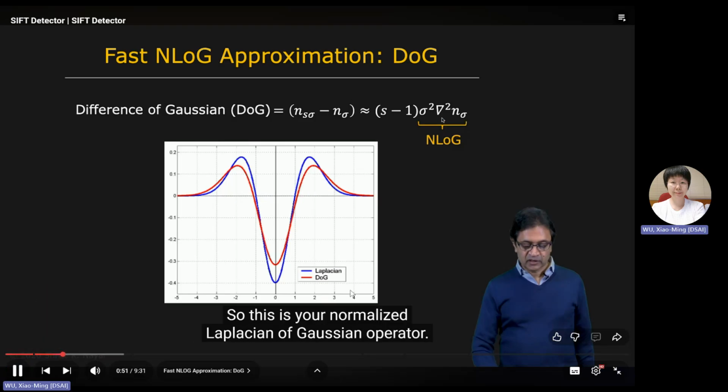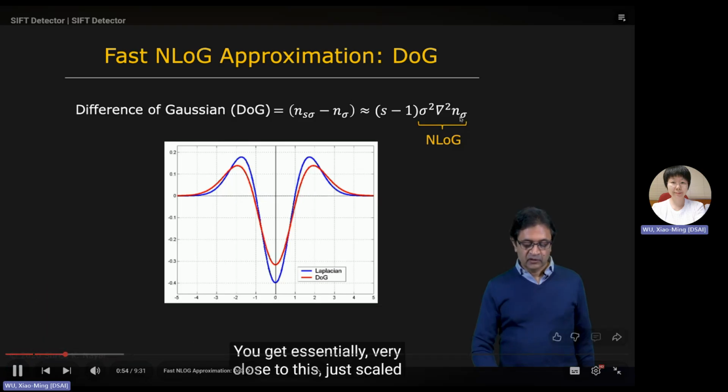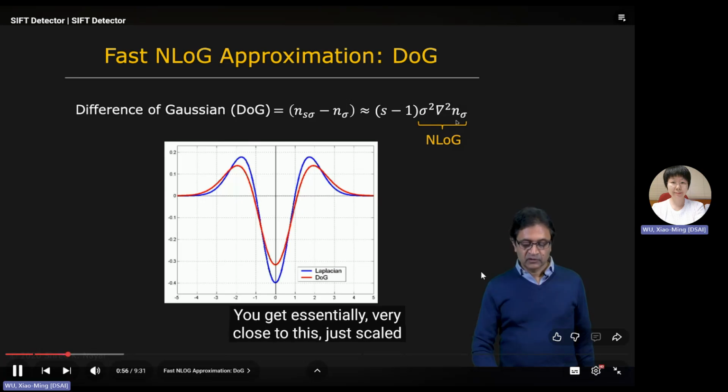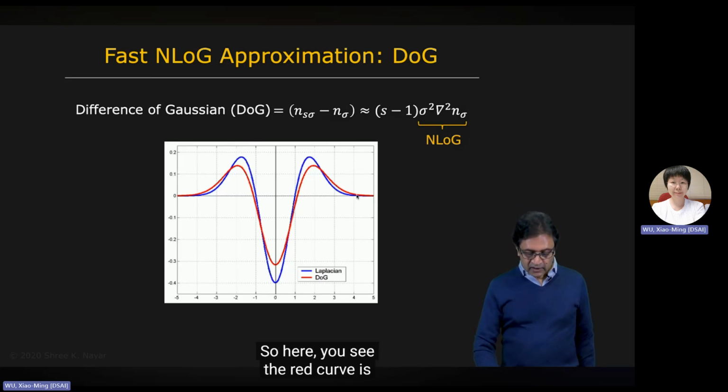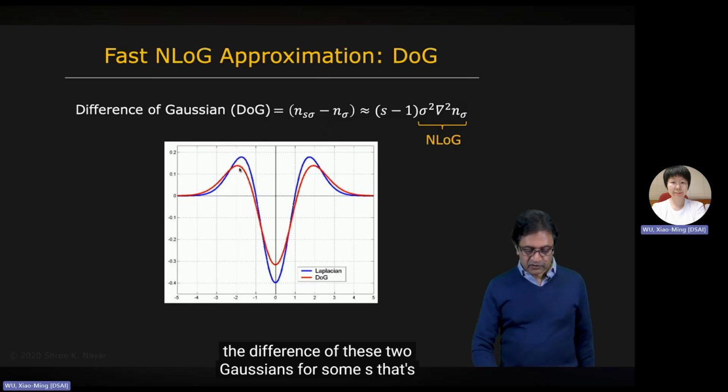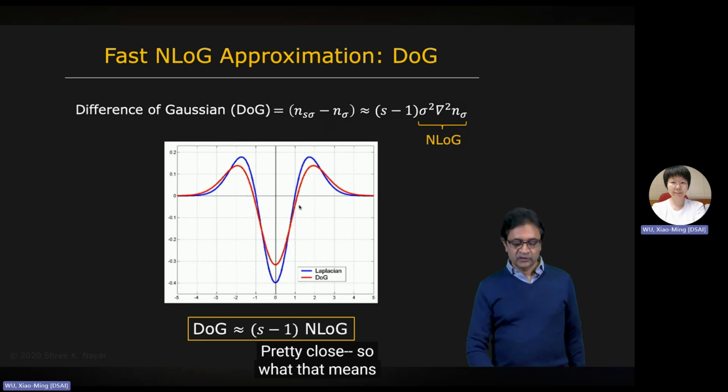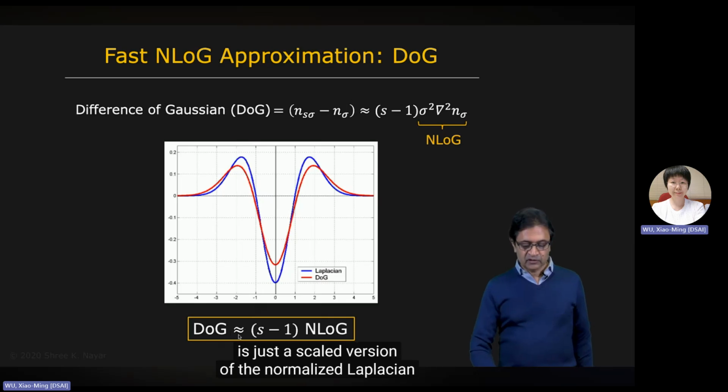This is your normalized Laplacian of Gaussian operator. You get essentially very close to this, just scaled by s minus 1, by simply subtracting these two Gaussians. So here you see the red curve is the difference of these two Gaussians for some s that's chosen, and the blue curve is the Laplacian of Gaussian, pretty close. So what that means is that the difference of Gaussian is just a scaled version of the normalized Laplacian of Gaussian.